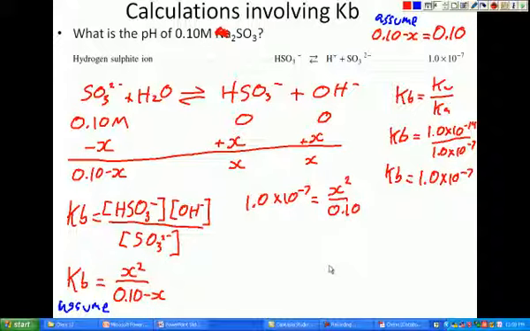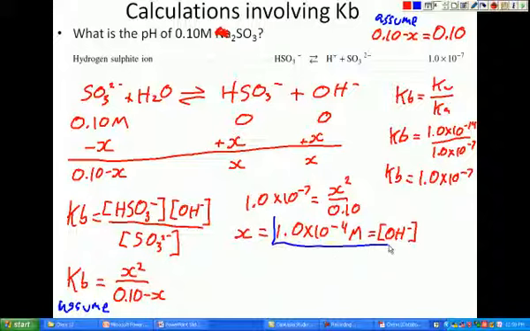Okay, I solve for x, and if you do this, x equals 1.0 times 10 to the minus 4 molarity. Okay, and that happens to equal our concentration of OH. So this is a very important number.